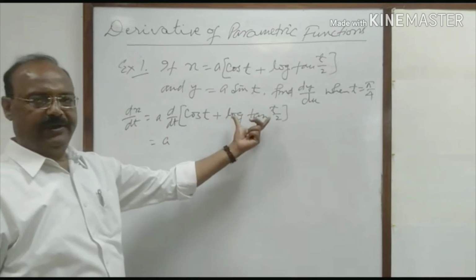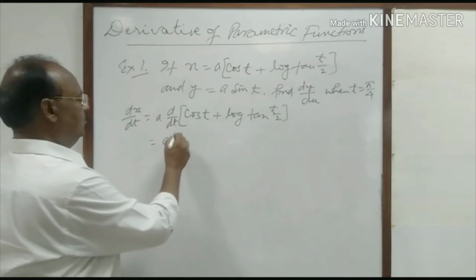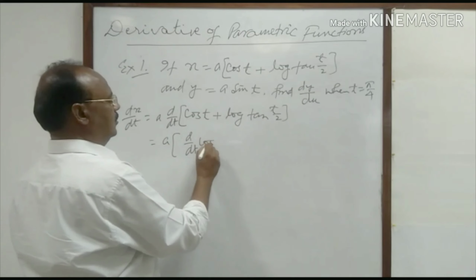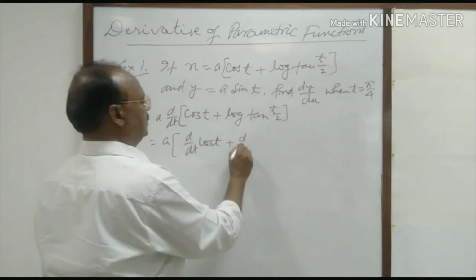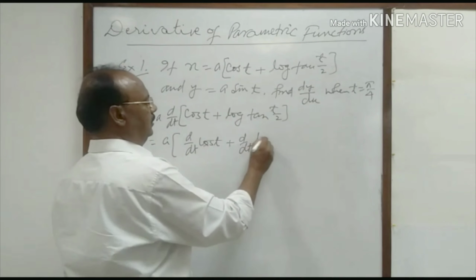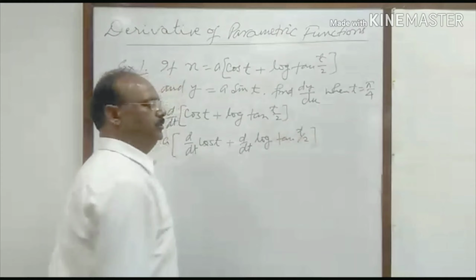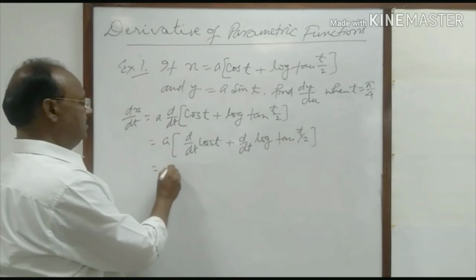So these two terms will be differentiated separately. So a times d/dt of cos t plus d/dt of log tan t/2.